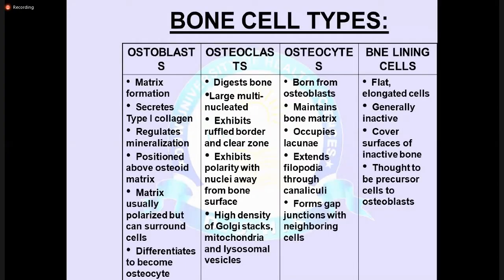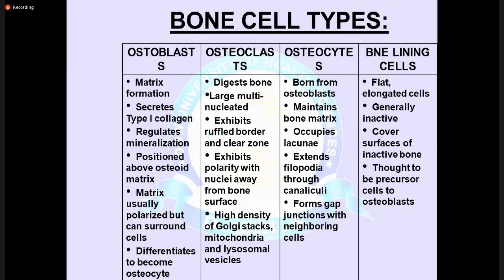So what is the function of these osteocytes? These osteocytes help to maintain the bone as living tissue because of their metabolic activity. And secondly, they maintain the exchange of calcium between the bone and the extracellular fluid. So this is the main function of these osteocytes.